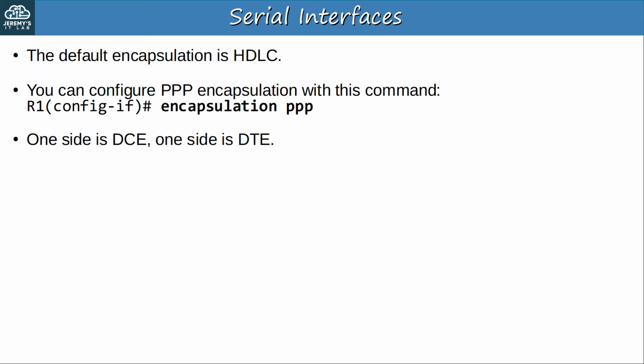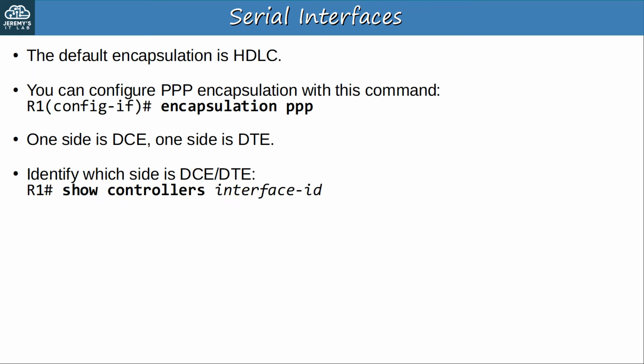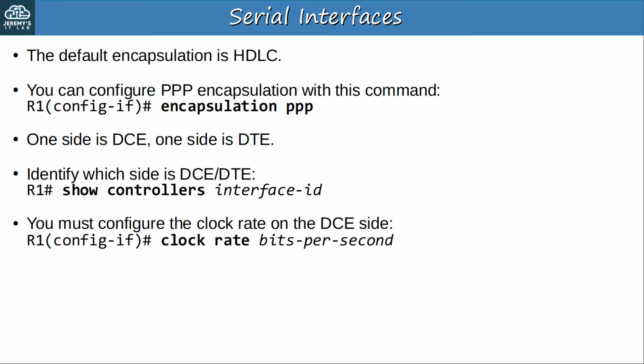One side of the connection is DCE, and the other is DTE. You can identify which side is DCE and which is DTE with this command, show controllers, followed by the interface ID. Finally, remember to configure the clock rate, the speed of the connection, on the DCE side with this command, clock rate, followed by the clock rate in bits per second.